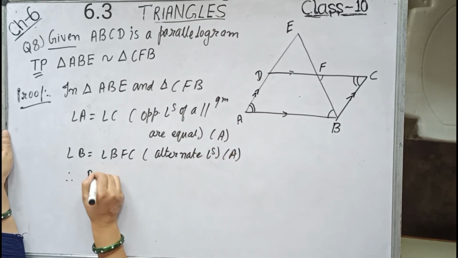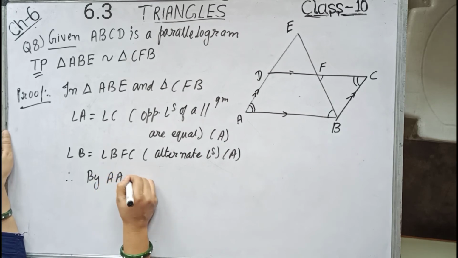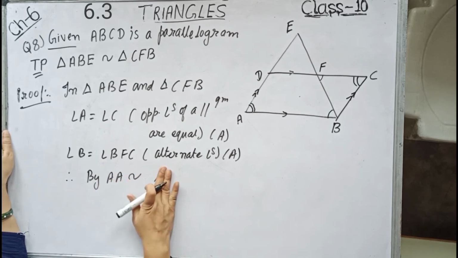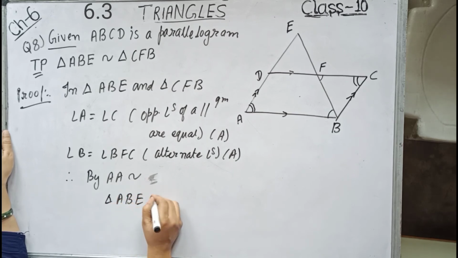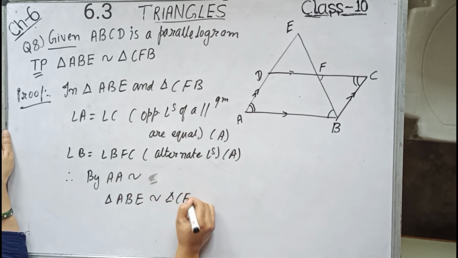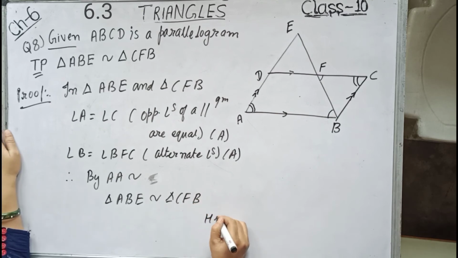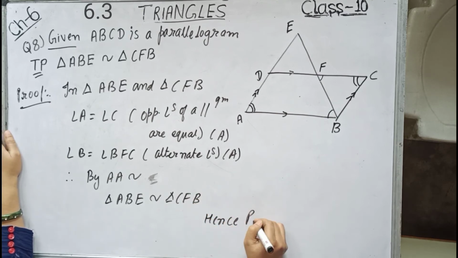Therefore, by double A similarity, triangle ABE is similar to triangle CFB, and hence proved. Easy sum.